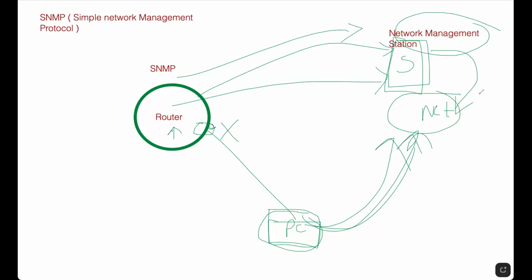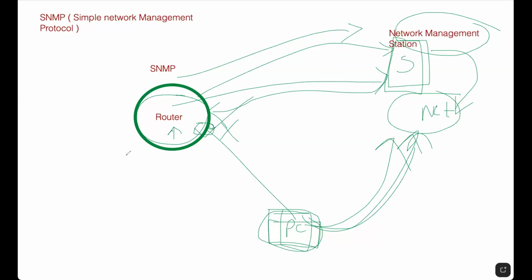Instead of users complaining and opening a ticket, we will do proactive work and make sure we are aware of the issue before the user starts complaining, so that we take immediate action: this router interface went down, we do shut, no shut, or check the configuration or the resources on the router to bring this back up, and then we let the PC connect to the internet.